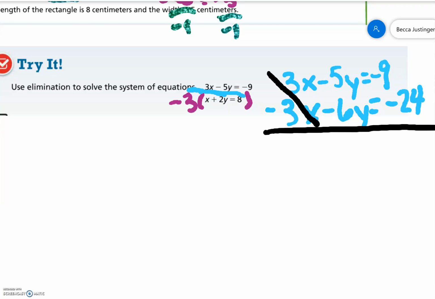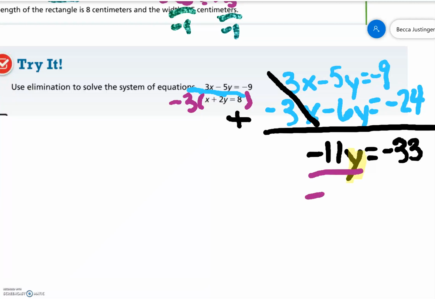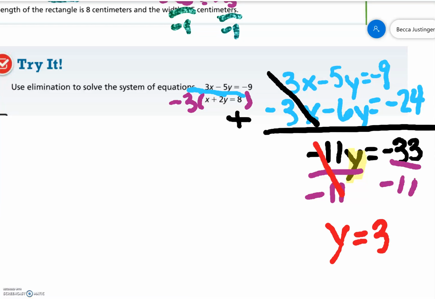Negative 5y plus negative 6y is negative 11y. And negative 9 plus negative 24 is negative 33. To solve for y, we are going to divide both sides by negative 11. This cancels out, and y equals 3.